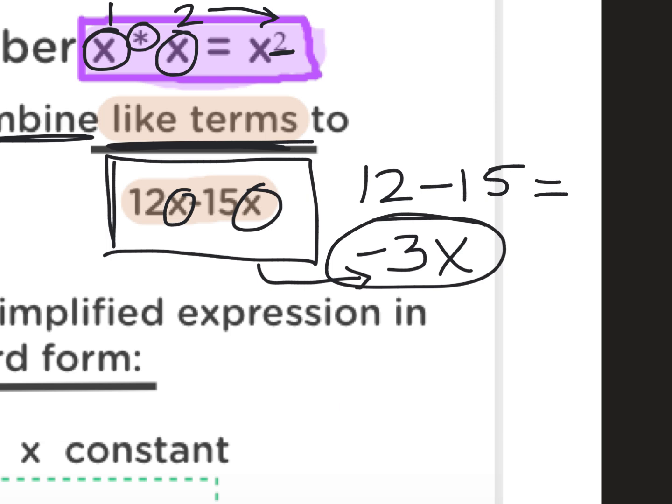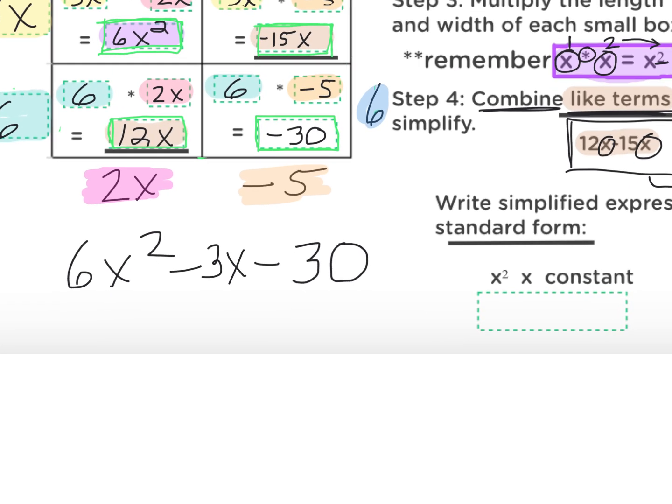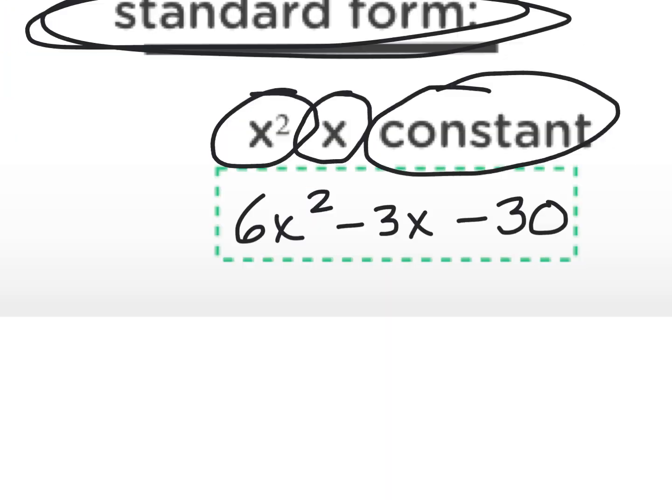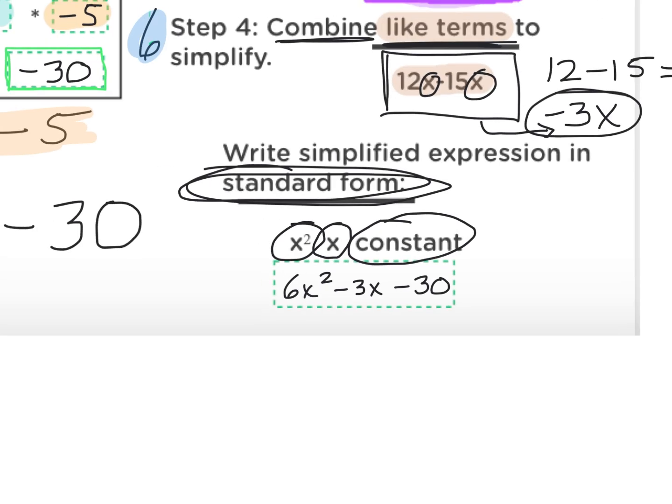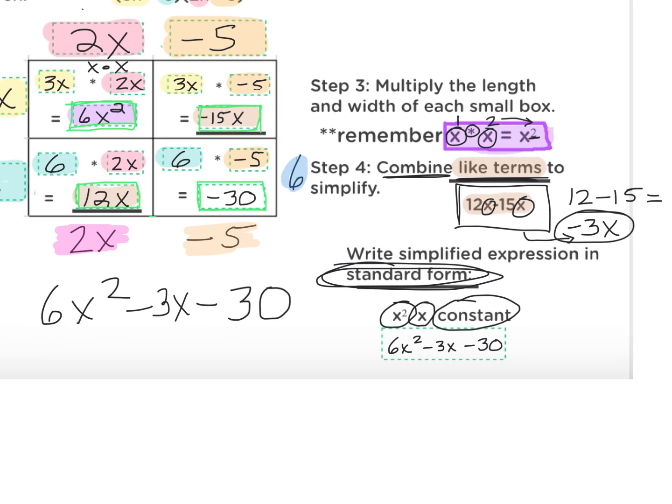So I'm going to bring that -3x here. And in math, we have something called standard form, which means that we write the exponent of 2 first, then the x with no exponent second, and then the constant, the number, third. So in simplified standard form, our final simplified version is 6x to the second minus 3x minus 30.